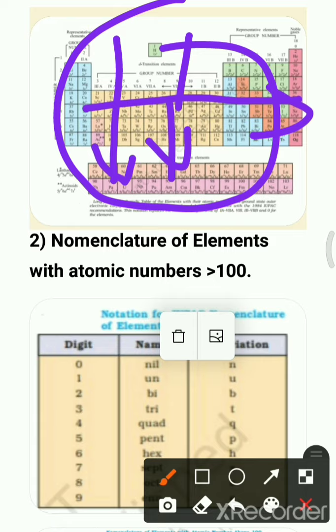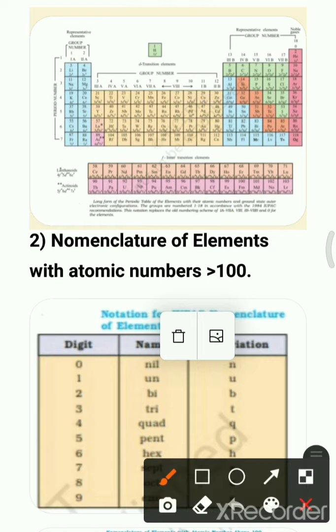There are altogether 7 periods. The period numbers correspond to the highest principal quantum number n of the elements in the period. The first period contains two elements.